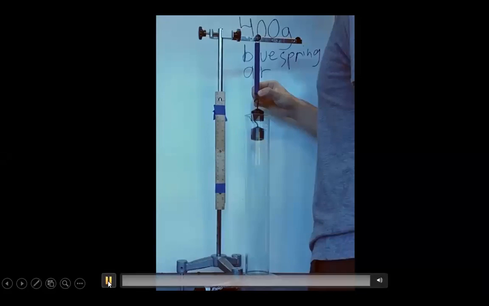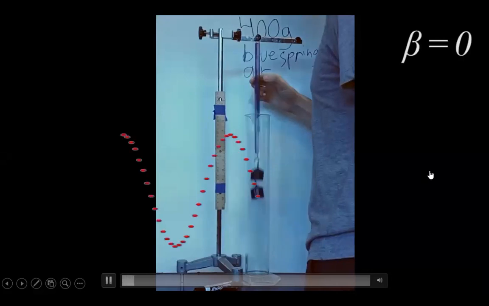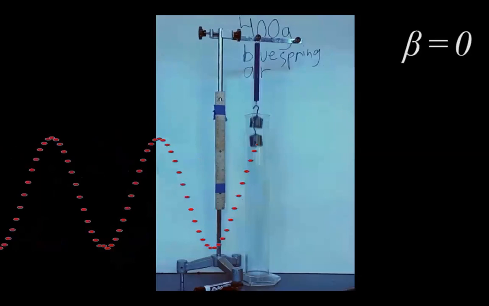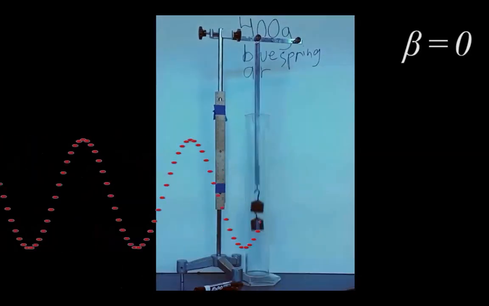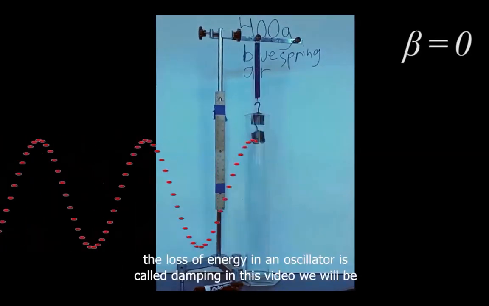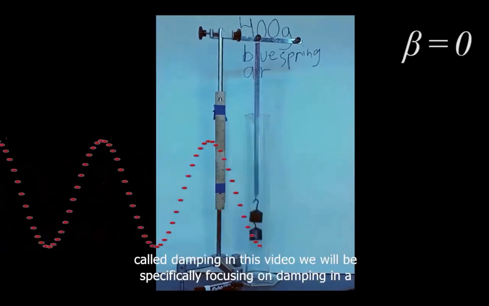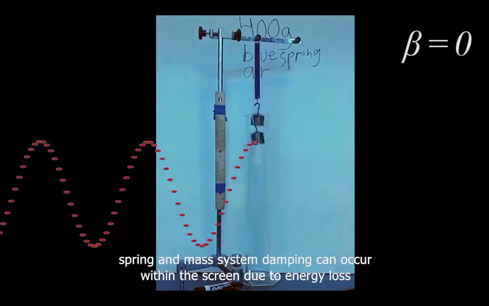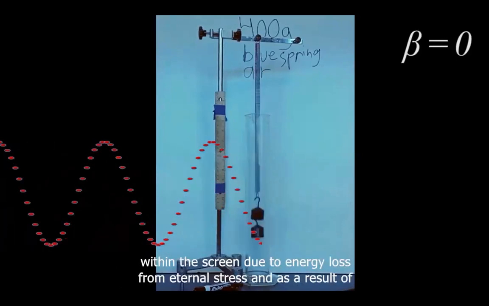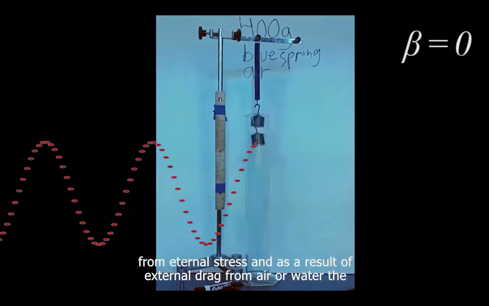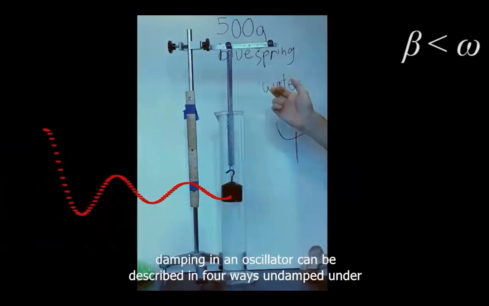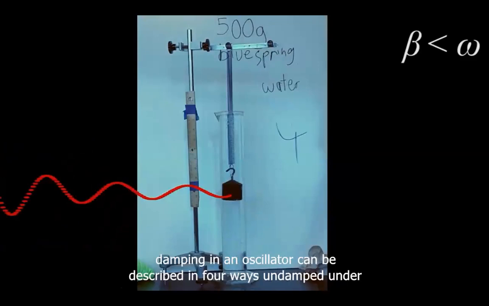So the first one is simple harmonic motion, as you see, because air exerts a very, very small friction force. For that reason, this system will oscillate for a long time in air. We can neglect air resistance for air, but later, if you put this into a liquid, as you see, very quickly oscillation stops.